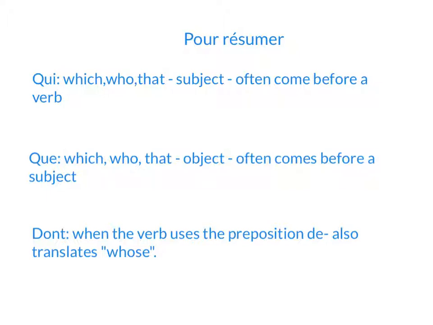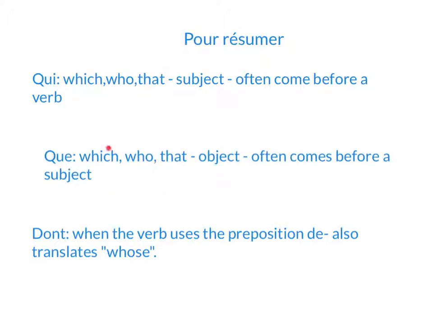So, qui is the equivalent of which, who, or that. It is a subject, and as a result, it often comes before a verb. Que, again, means exactly the same thing, which, who, and that, but this time it is an object, okay, and it often comes before a subject.